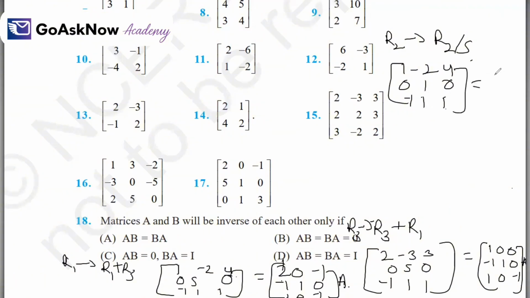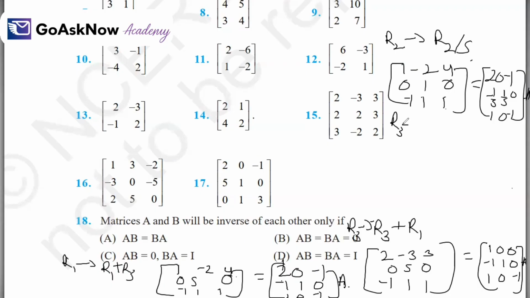Here you will get 2, 0, minus 1, minus 1 by 5, 1 by 5, 0. And here that is 1, 0, minus 1, 1, 0, minus 1. Okay. Into A.